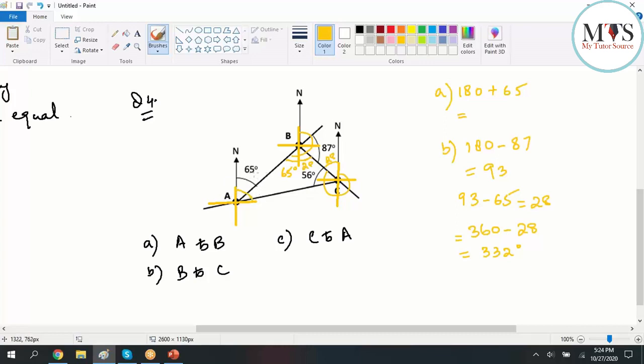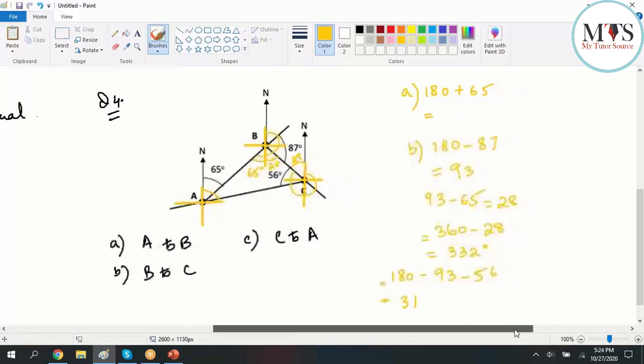So that is 65. We do first 180 minus 93 minus 56. That is 31. Then we do 31 plus 65.